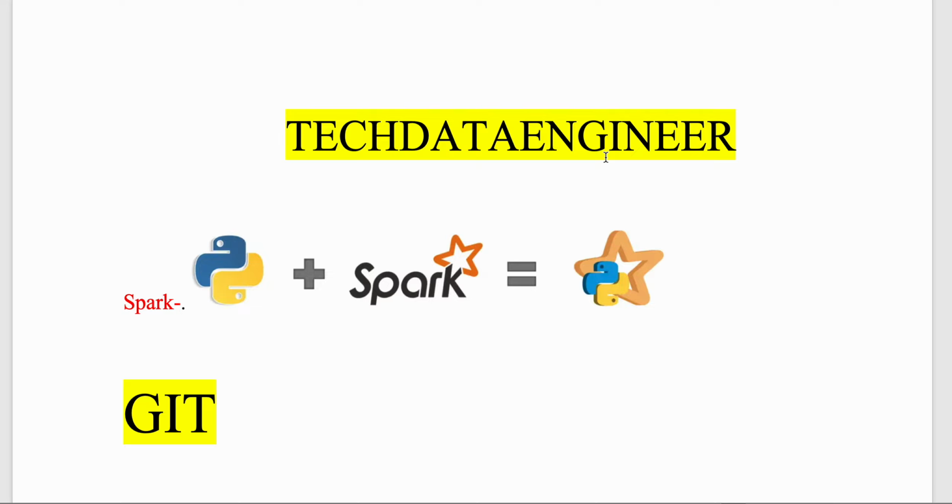So why are we using Git basically? If there is development going on for a particular repository, there is a function called xyz and a function called abc, and different developers are working on them.